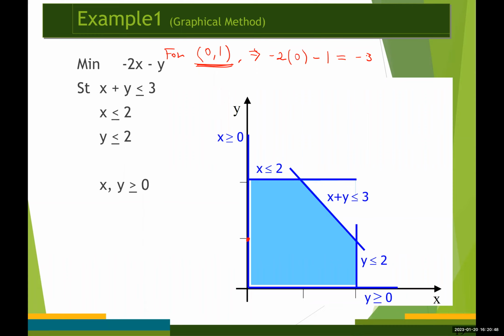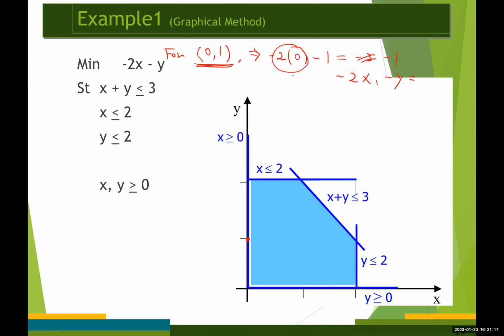So this means that the 0.01 lies on the ISO value line, -2x minus y equals... I'm sorry, it's going to be -1, right?